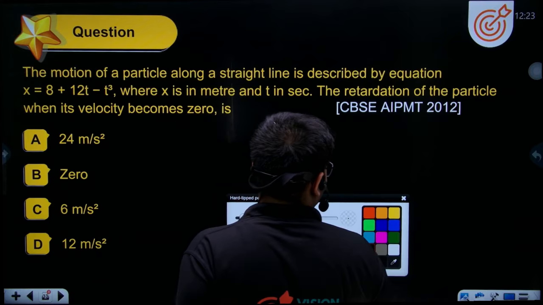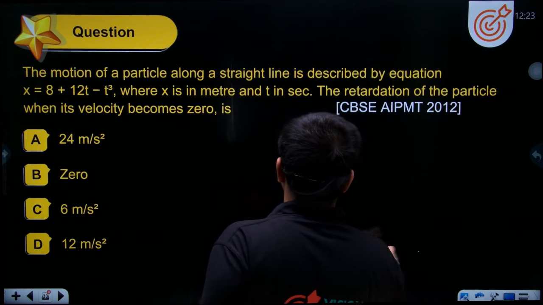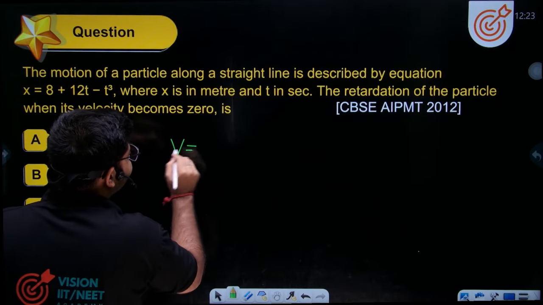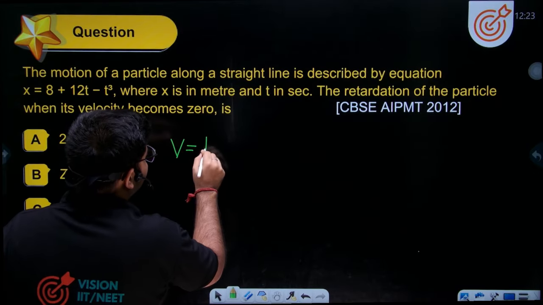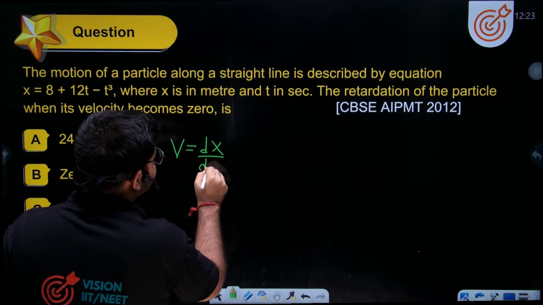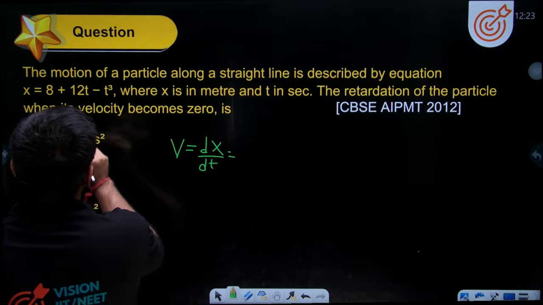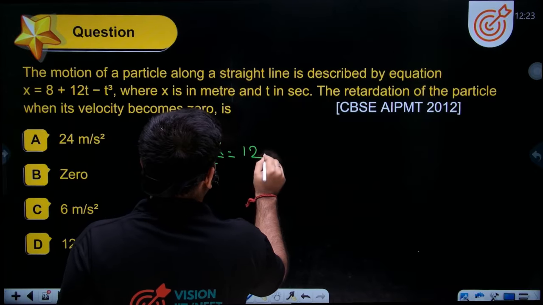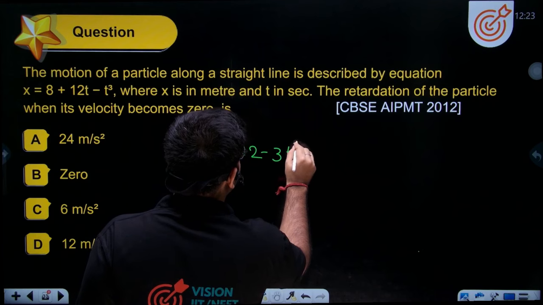Velocity becoming 0 means, first and foremost, we will find the velocity, and velocity is nothing but dx/dt. If we differentiate, this gives us 12 minus 3t square.